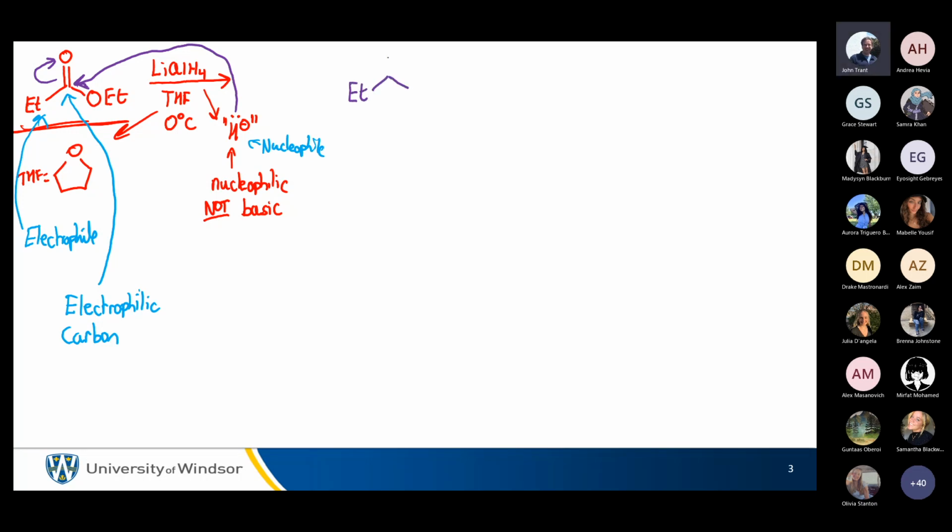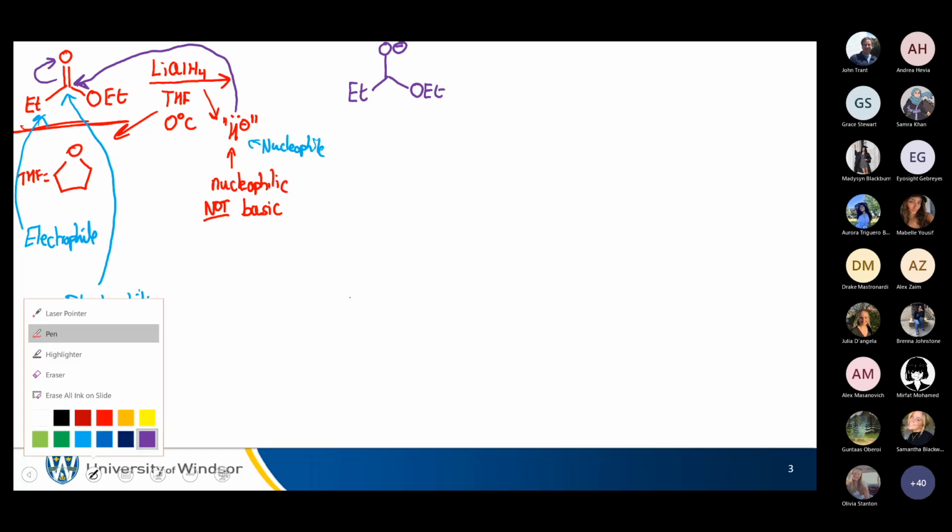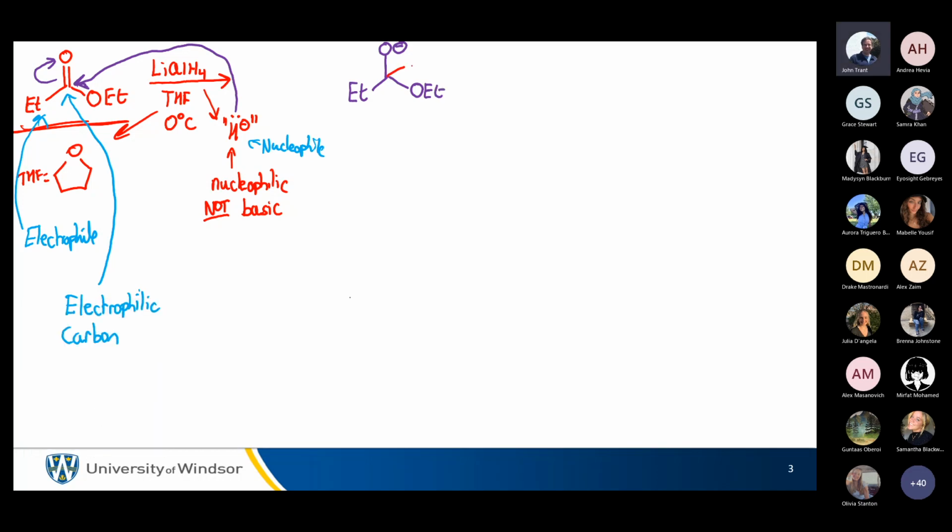So what we end up getting if we follow those arrows is we've now attached that H that we just added to that molecule. That's exactly the same pattern we saw in the last case, except there we only had a carbonyl.